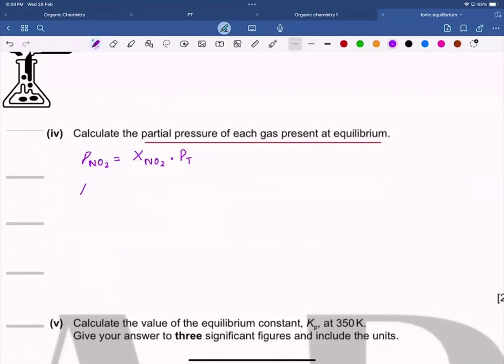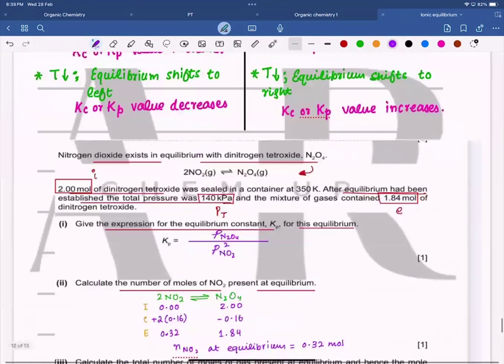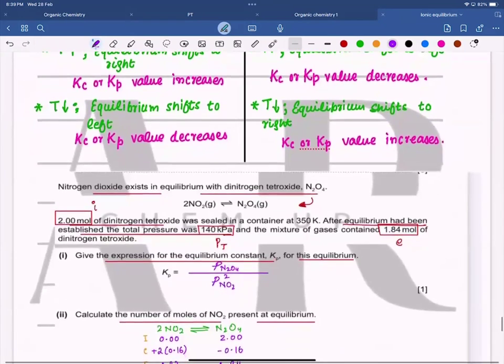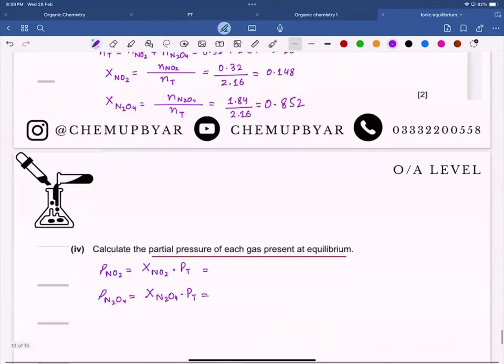And the partial pressure of N2O4 equals the mole fraction of N2O4 times total pressure. In the start of the question, they have provided us the total pressure, which is 140, and we have just found the mole fractions of both.